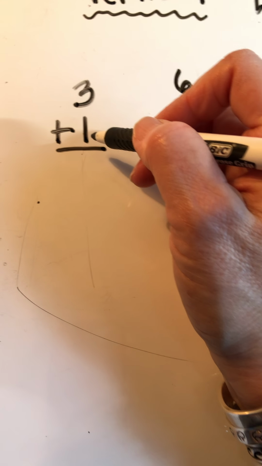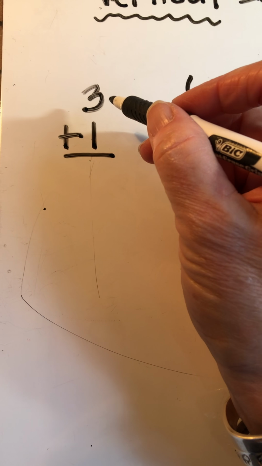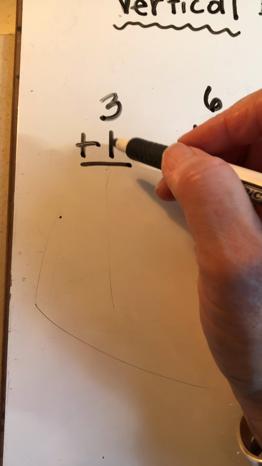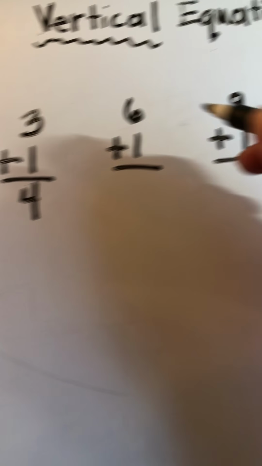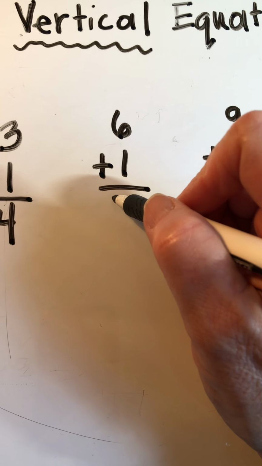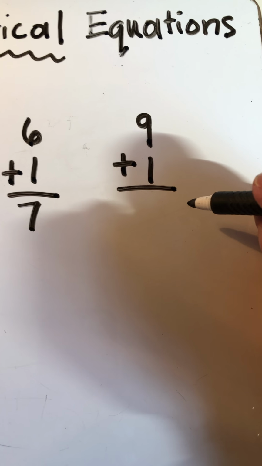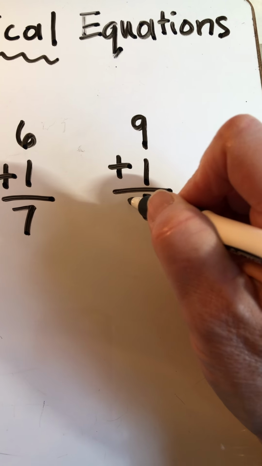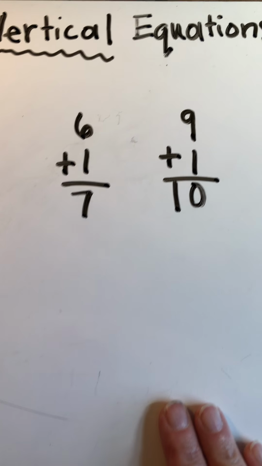If you look at the problem and you don't know the answer right away, you can use dots. But this one, I know that you guys know what's one more than something. So 3 plus 1 is what? Yes, 4. Good. 6 plus 1 is what? Sure, 7. And 9 plus 1 is what? Yeah, 10. So I'm going to put that 0 and then the 1 like that. So I've got it lined up nicely.